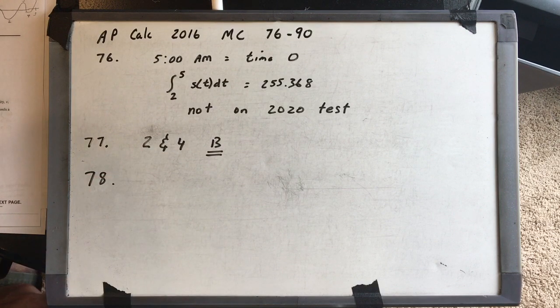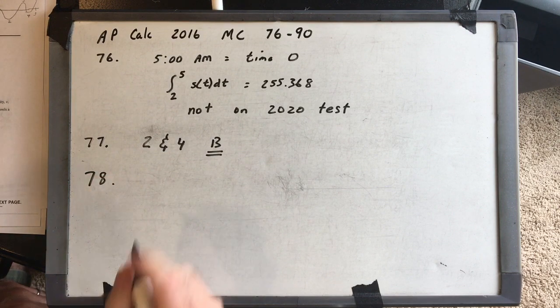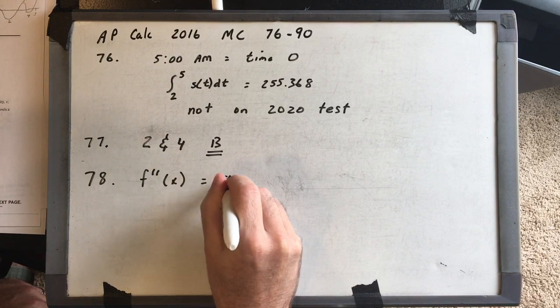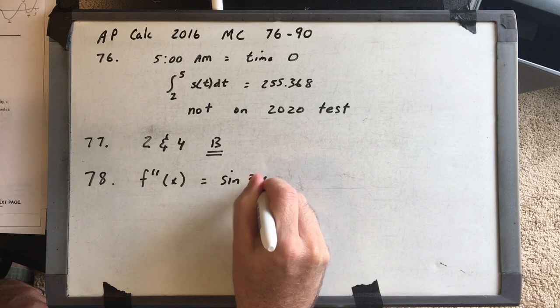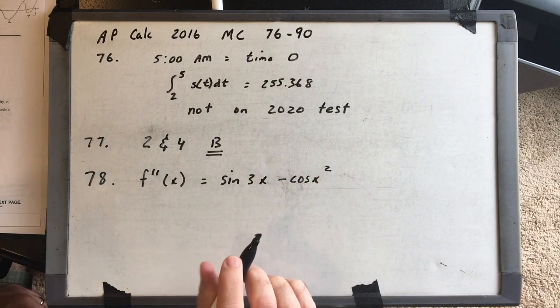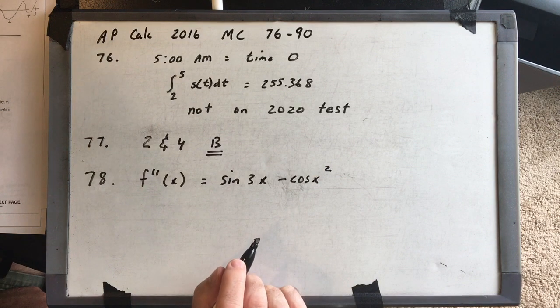78 says the second derivative of a function, f double prime of x, is equal to sine 3x minus cosine of x squared. All right, how many points of inflection do we have on the interval between 0 and 3?